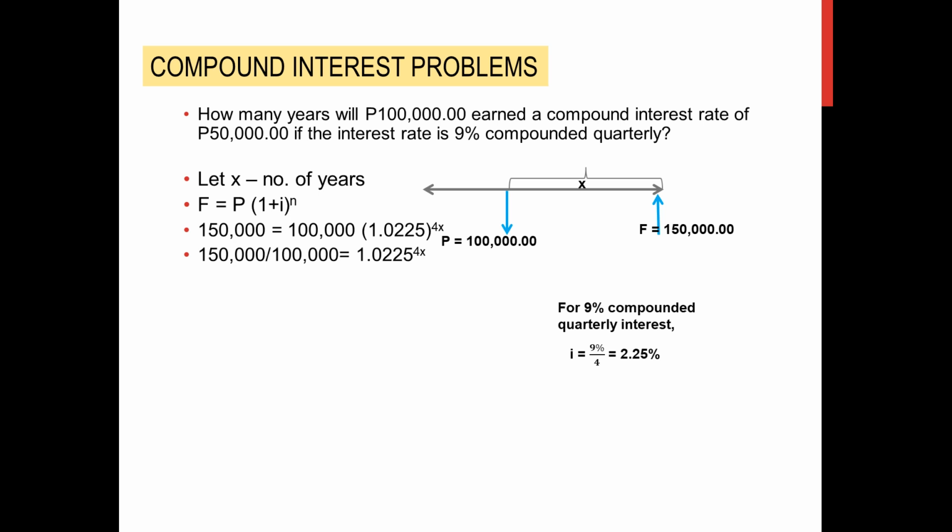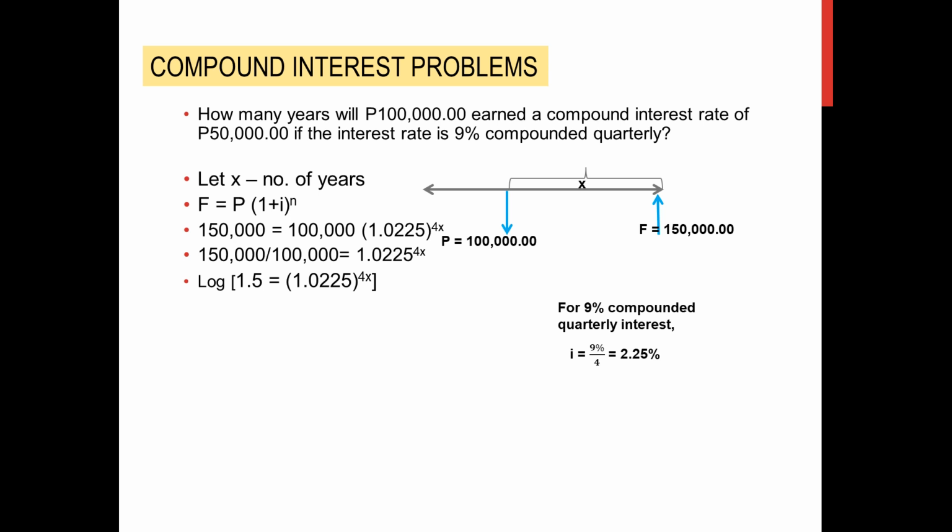Before we take the logarithm on both sides of the equation, let us divide by 100,000 so that we can have 1.5 on the left-hand side, and isolate 1.0225 raised to 4x.